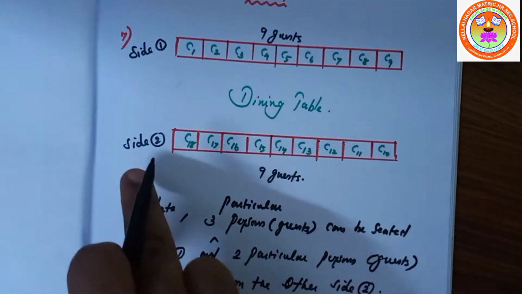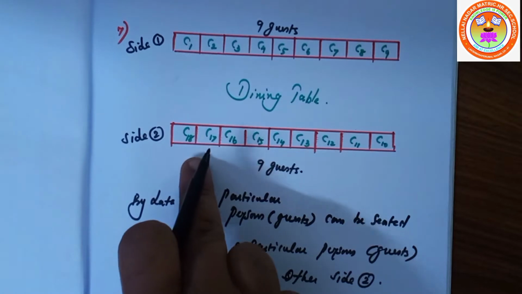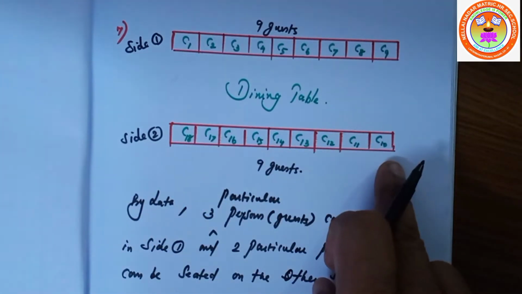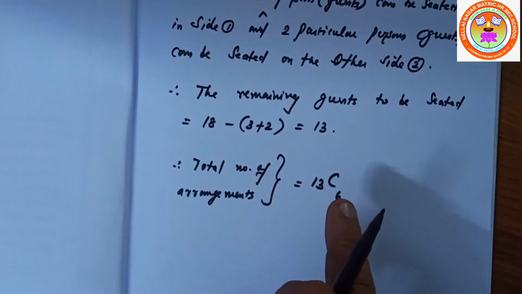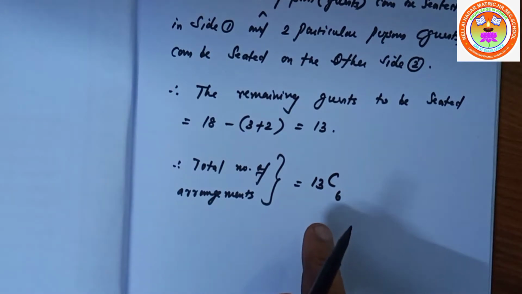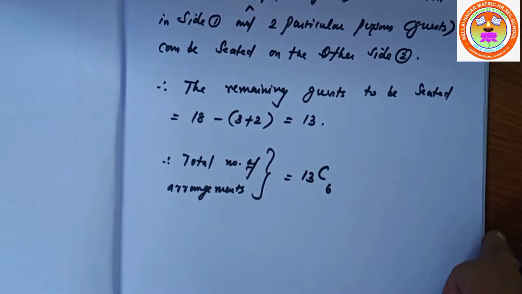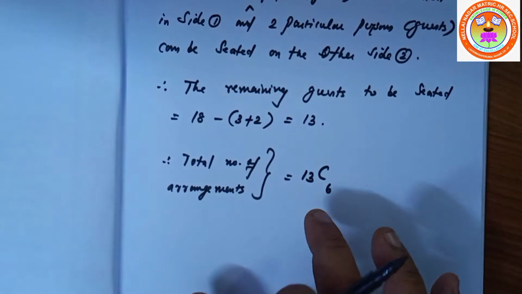Yes, you can go for side 2 also. Side 2, already 2 persons want to sit. So how many seats are vacant? 7 seats are vacant. Yes, we have 13 guests. So 13C7. At the same time, 13C6 and 13C7 are same, you know very well, because nCr is equal to nC(n minus r). So either 13C6 or 13C7 you can take.